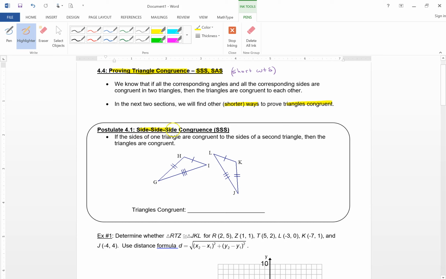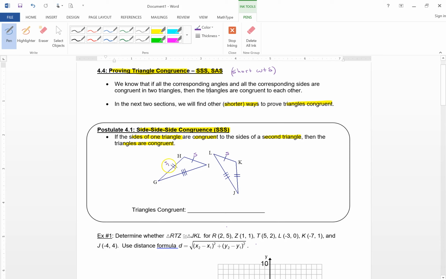The first one is side-side-side congruence, or in short, it's called SSS. And it says if the sides of one triangle are congruent to the sides of a second triangle, then the triangles are congruent. So basically here we have one side congruent to another side.